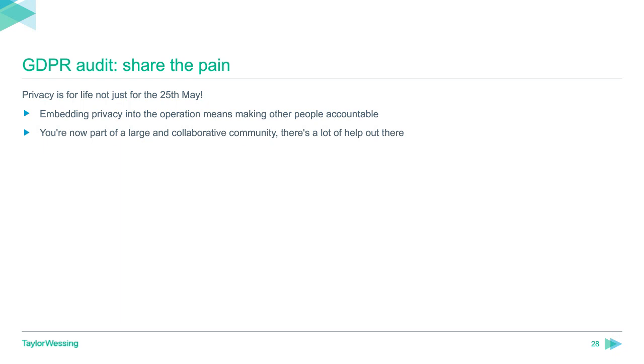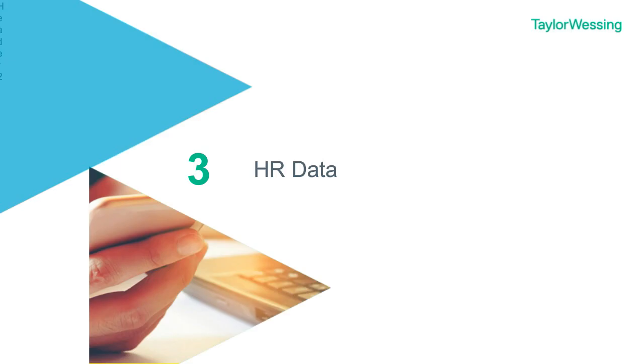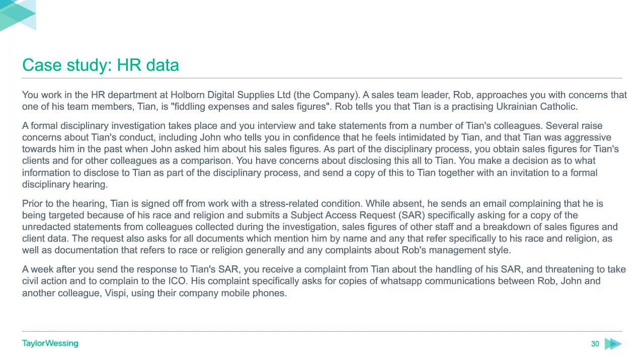So I think it's worth us taking a look at how some aspects of HR data may present challenges, and perhaps we can shed some light in terms of how we can deal with some of those as well. And let me just paint the following scenario, and then Steph Creed is going to help us with some of that light I promised we would shed.